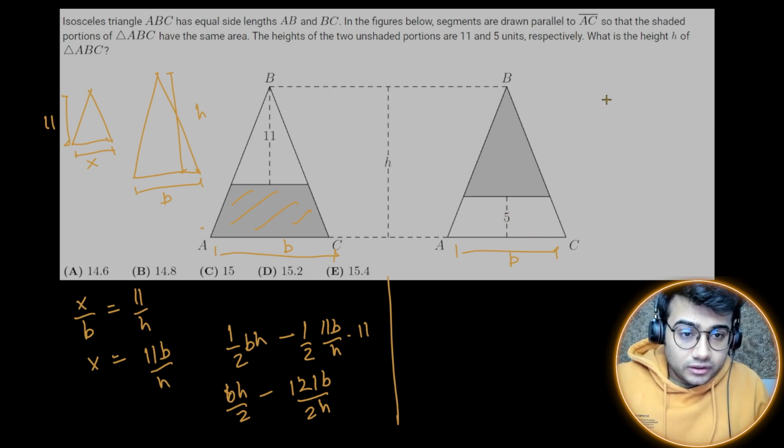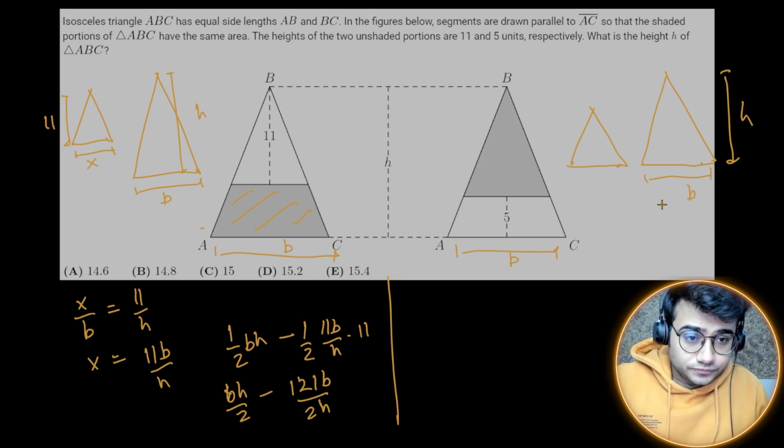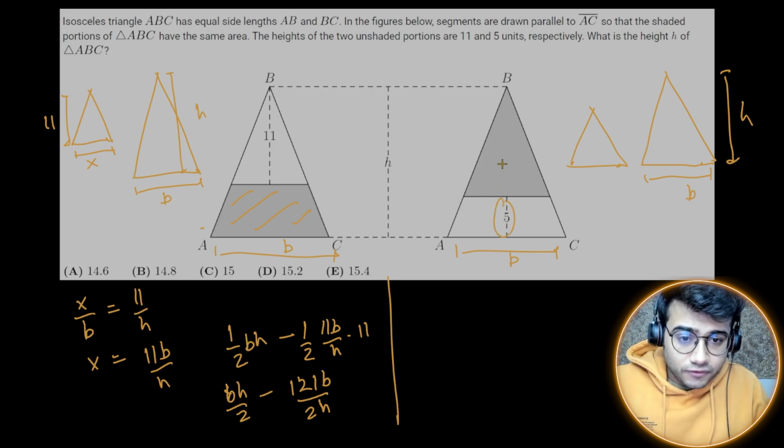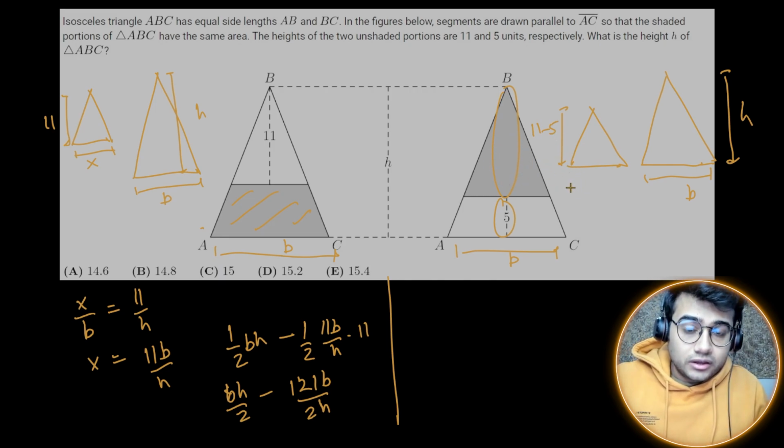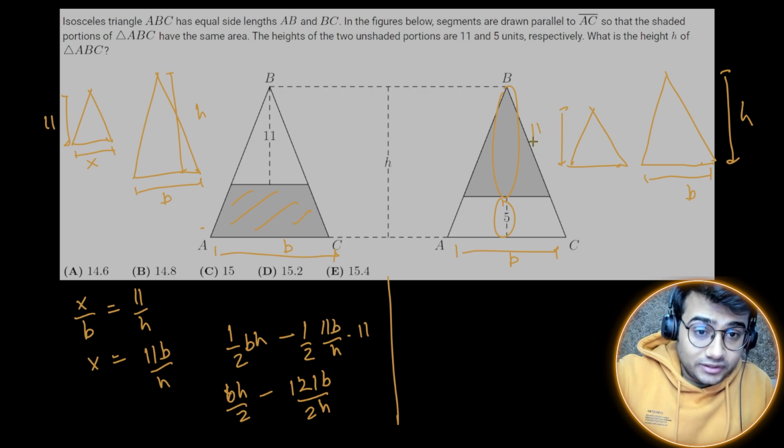So here, let me just draw the two triangles. This might be a bit more complicated. Let's see. So again, this is H and this is B. Then this is 5. If this is 5, then this is going to be H minus 5. Sorry, not 11 minus 5, that's H minus 5.